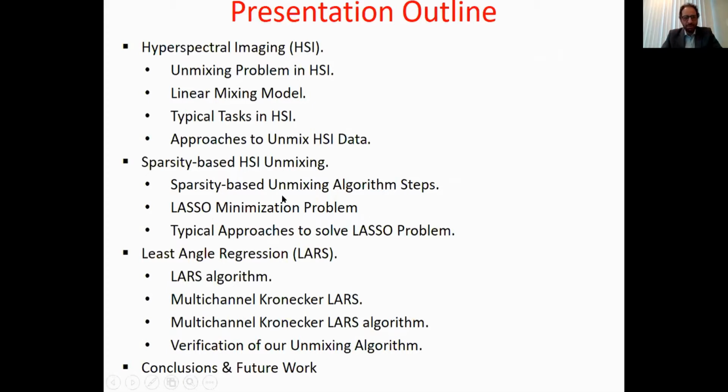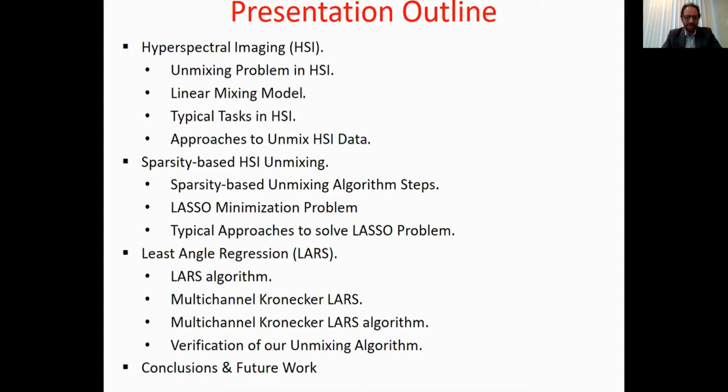I'm going to talk about unmixing, which is really how to get the spectral signature that's been acquired by hyperspectral imaging. And I'm going to talk about a mathematical technique that we developed called Kronecker LARS Angle Regression that allows us to do that process in a very efficient way.